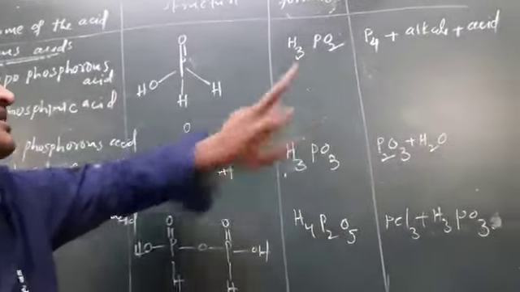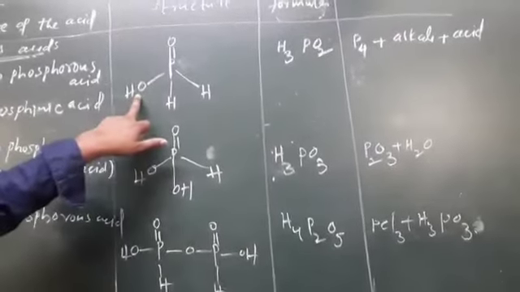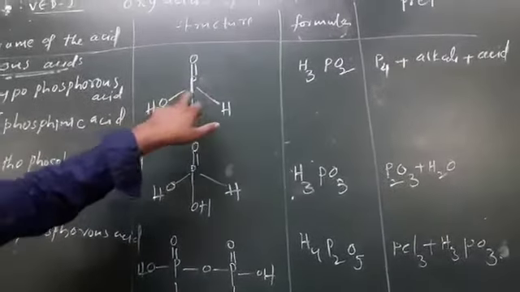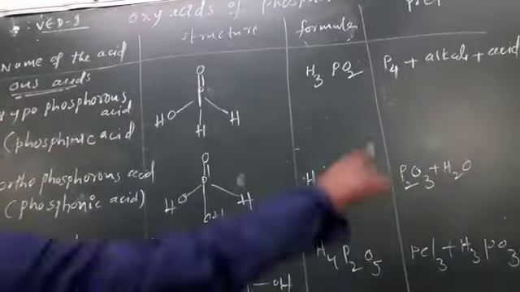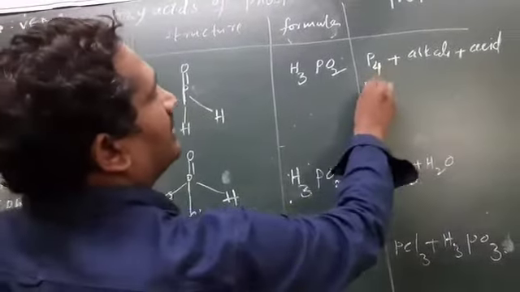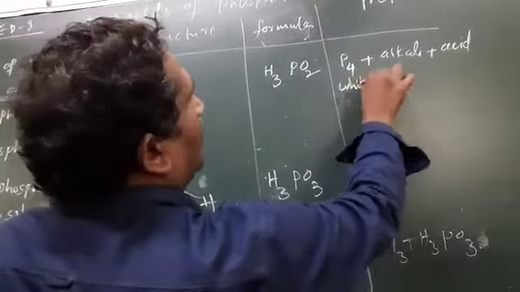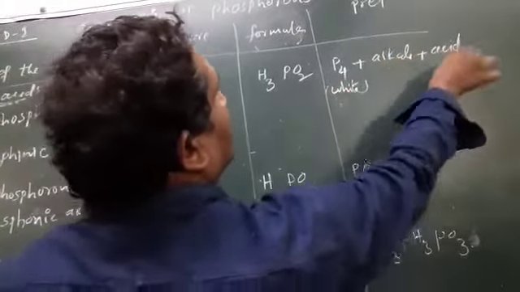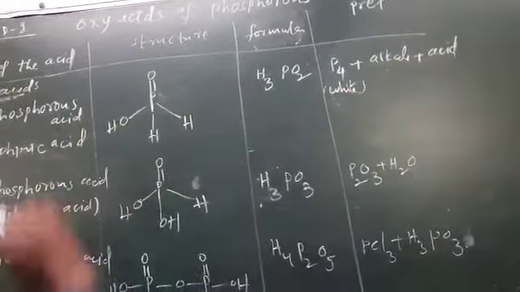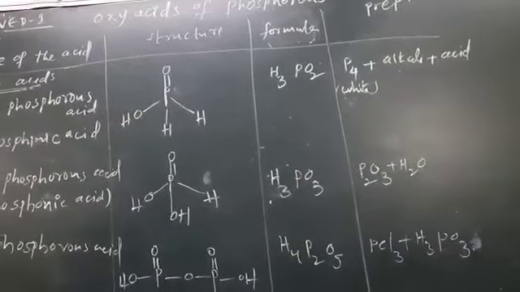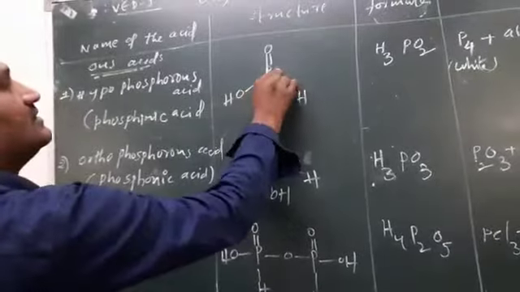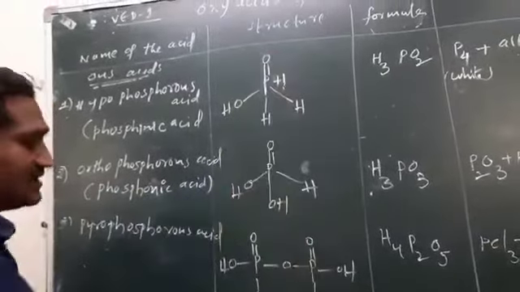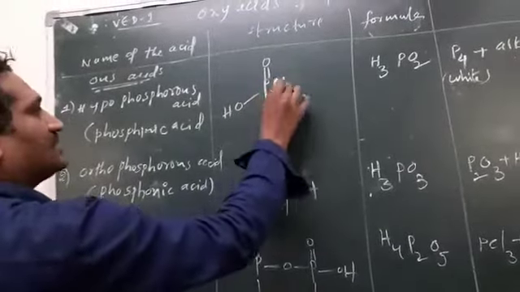Its formula is H3PO2. Its structure has one OH bond, two PH bonds, and one P double bond O. It can be prepared when white phosphorus is treated with alkali and acid, giving H3PO2, hypophosphorus acid. Phosphorus has an oxidation state of +1.